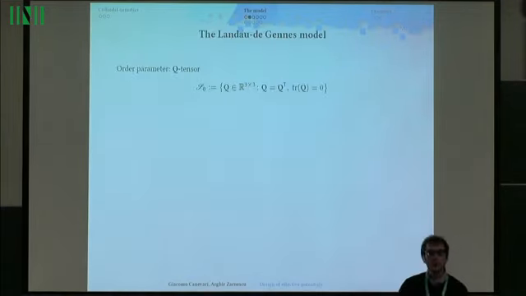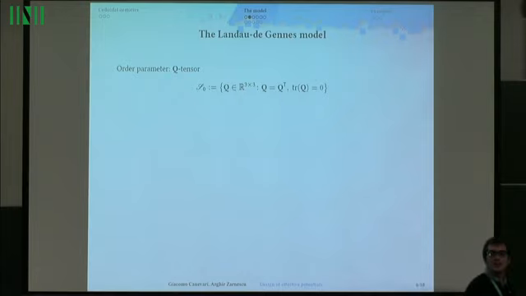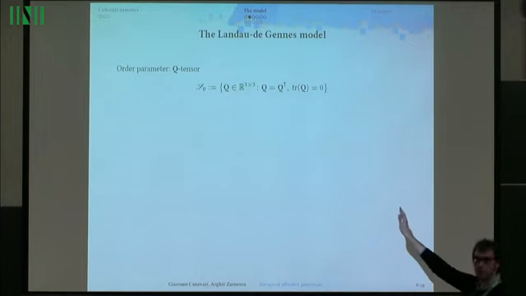Now, our model, as I said, we are working in a Landau-de Gennes setting, so the order parameter is a set of matrices, as we saw in this morning's talk by Jonathan Robbins. It's a set of 3x3 real symmetric matrices with trace equal to 0. Every local configuration for the nematic liquid crystal is represented by such a matrix.